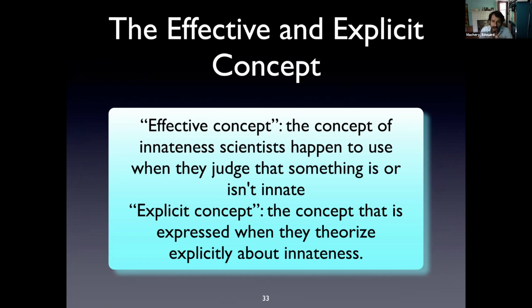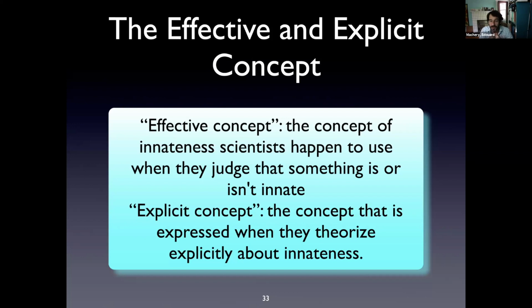By contrast, the effective concept is the concept of innateness scientists happen to use when they judge that something is or isn't innate. They don't theorize about innateness, they're not reflective about what innateness is or what the word innateness means, but they just use the concept of innateness.